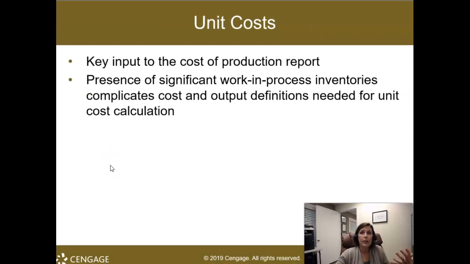So we need to figure out how we determine when we have items that may be at their beginning stages in the cutting department, as opposed to maybe still with the paint wet, but almost done and ready to transfer into finished goods, and how we account for those as units.